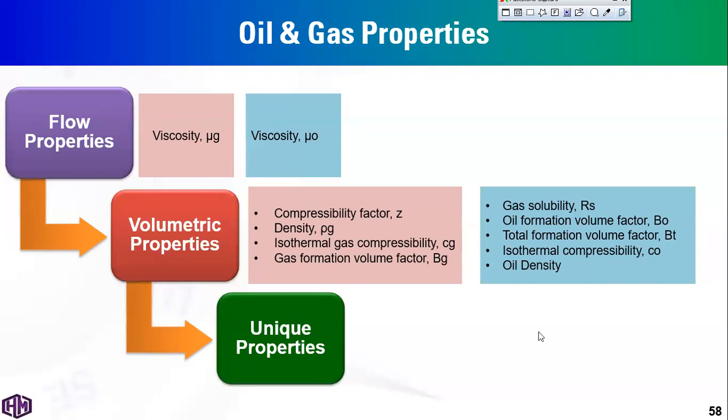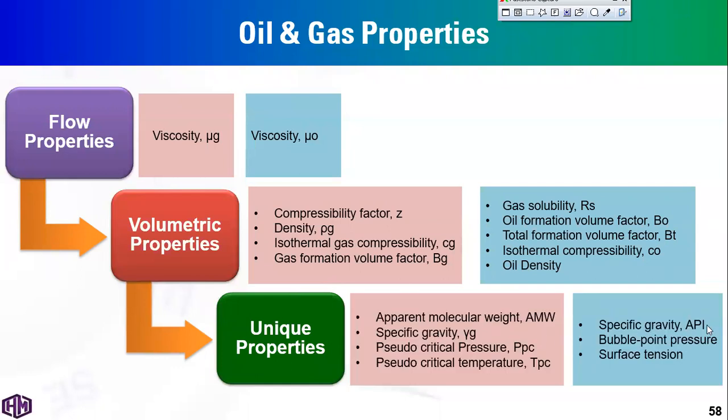Unique properties like the specific gravity, API, bubble point, and other similar equivalent properties for the gas, like gas compressibility, Z factor, and gas formation volume factor, and also apparent unique gas properties, apparent molecular weight, pseudocritical pressure and temperature, and so on.